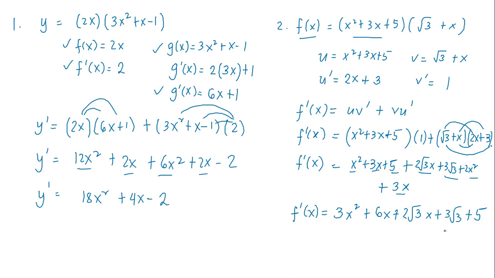Of course, hindi na natin kaya pang i-combine yung 3 square root of 3 sa 5 kasi radical yung isa. Okay? So f prime of x is equal to 3x squared plus 6x plus 2 square root of 3x plus 3 square root of 3 plus 5.